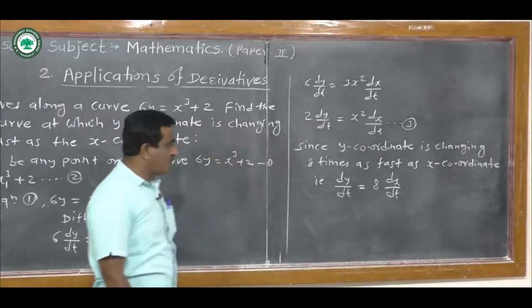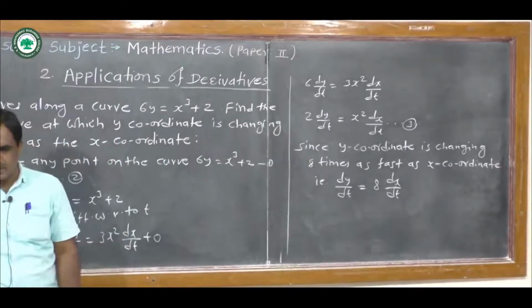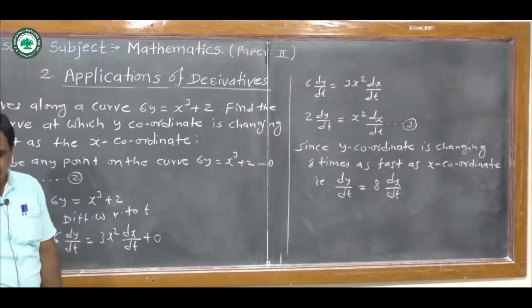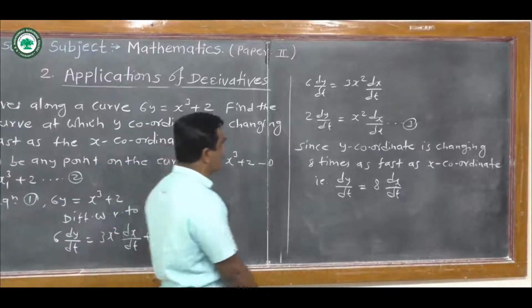We are given dy by dt equal to 8 into dx by dt. Now this is equation number 4.